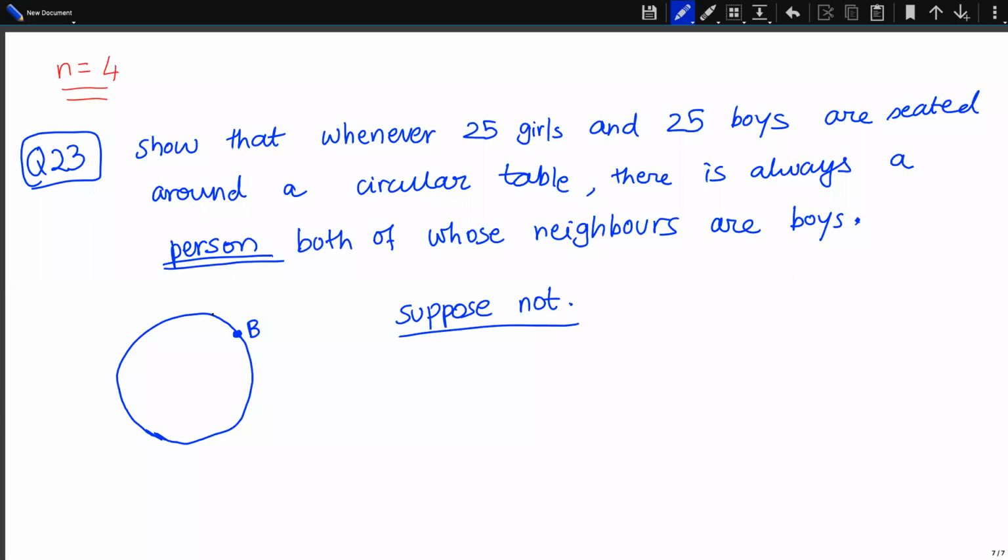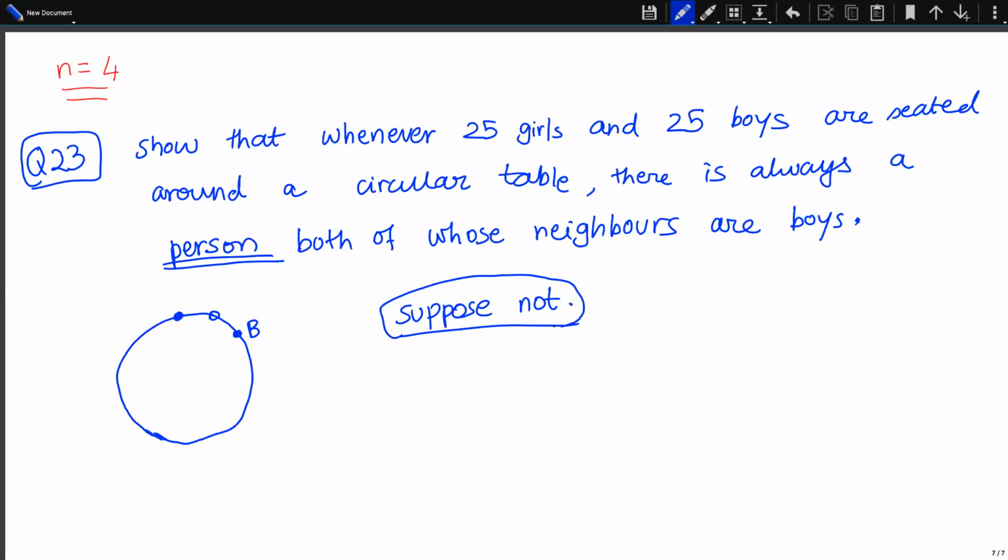Let's look at the next location and the one after that. So look at the location that's 2 steps away. Now, what can we say about this location? Who's seated in this location? I've made this assumption. Suppose this is not true.